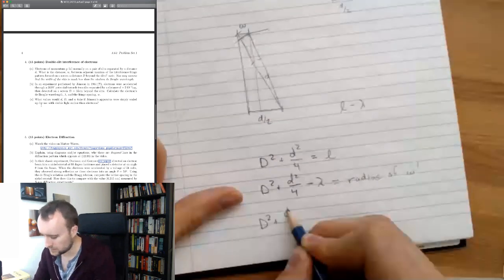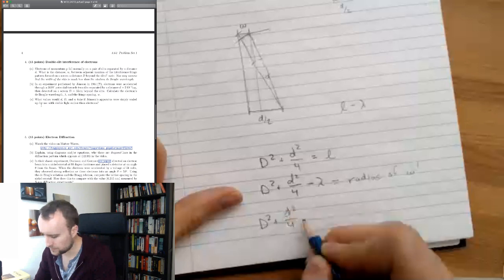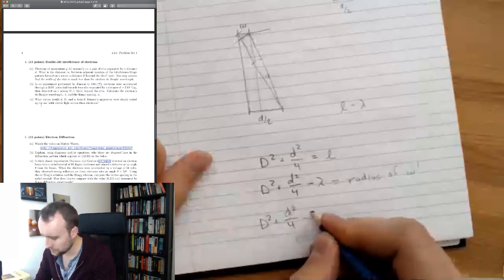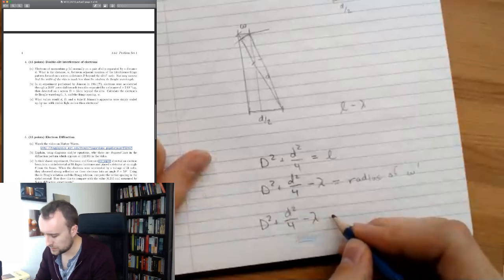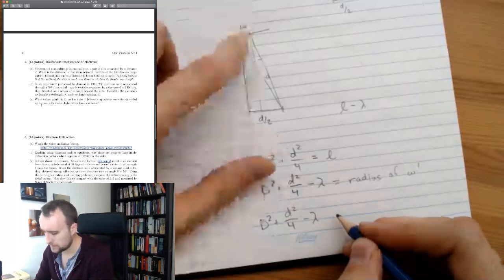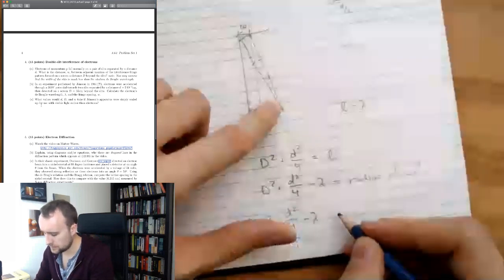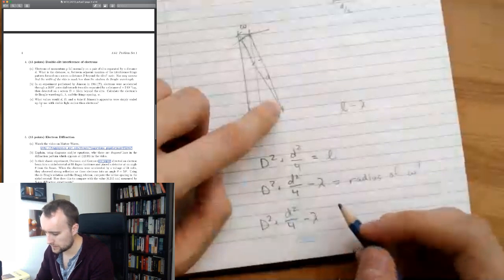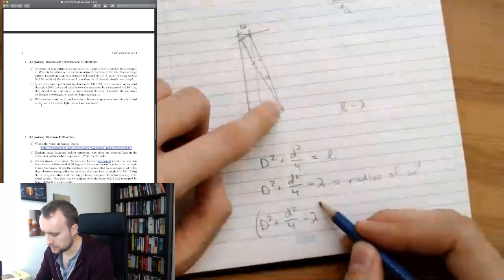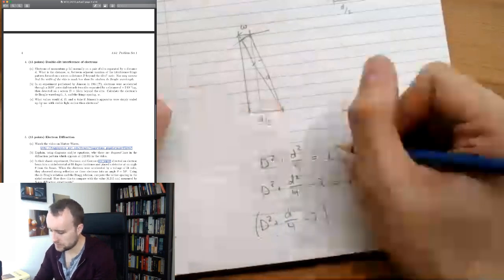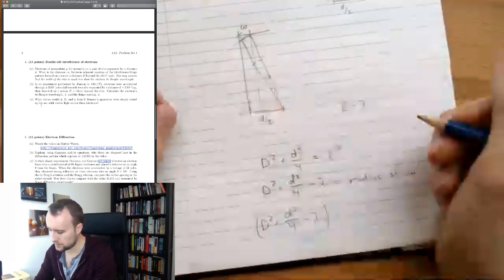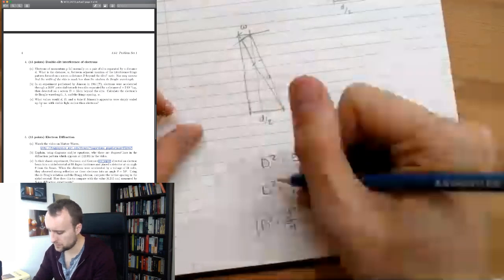And so we have d squared plus d squared over 4 minus 1 wavelength is this distance. So if we get this squared, sorry, I need to do this first.